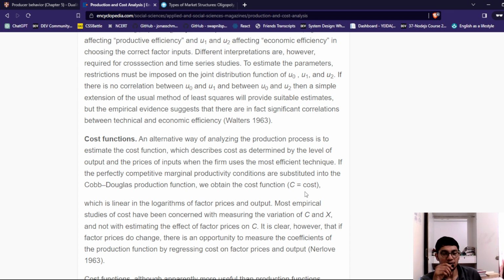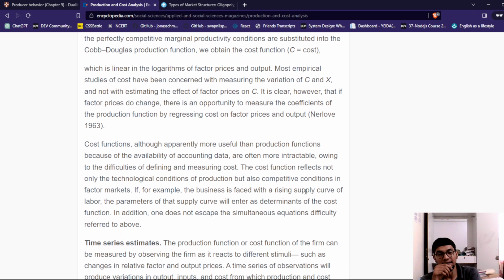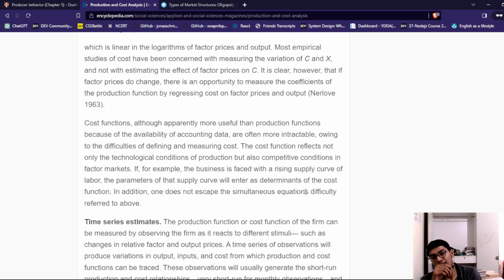Most empirical studies of cost have been concerned with measuring the variation of C with X, and not with estimating the effect of factor prices on C. It is clear, however, that if factor prices change, there is an opportunity to measure the coefficients of the production function by regressing cost on factor prices and output.